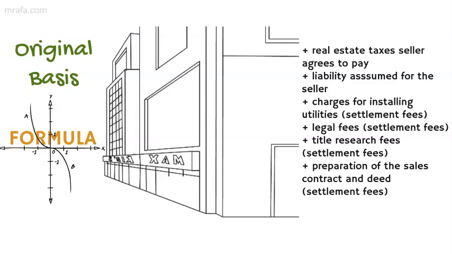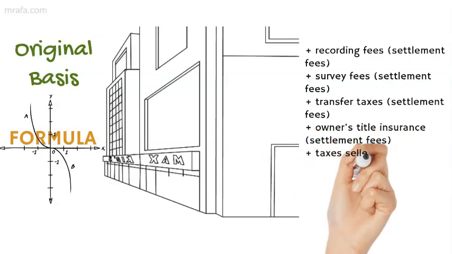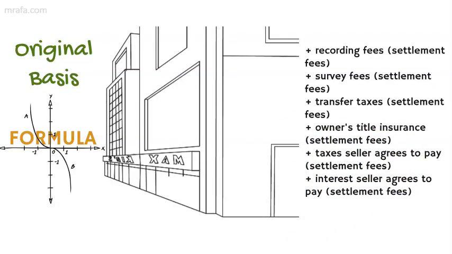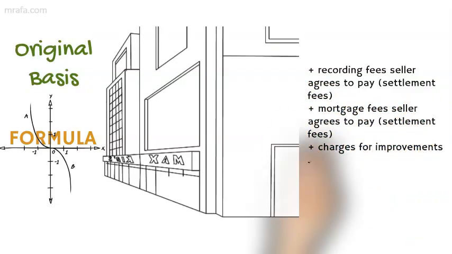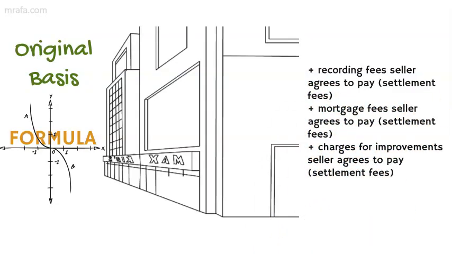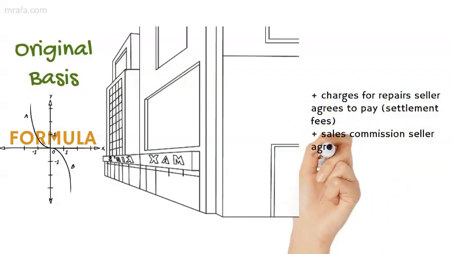The liability assumed from the seller, the charges for installing the utilities, legal fees, title research fees, preparation of sales contract and deed, recording fees, survey fees, transfer taxes, owner's title insurance, taxes that the seller agrees to pay, interest that the seller agrees to pay, recording fees, mortgage fees that the seller agrees to pay, charges for improvements that the seller agrees to pay, charges for repairs that the seller agrees to pay, and sales commissions that the seller agrees to pay.